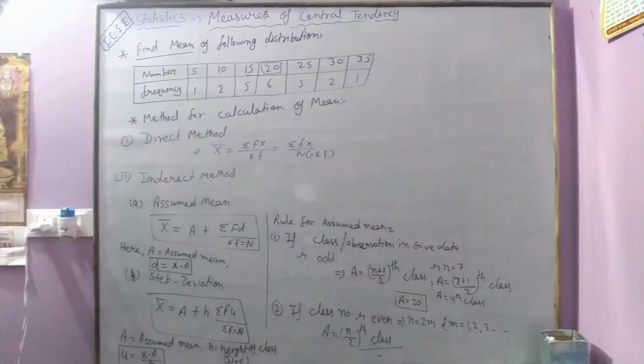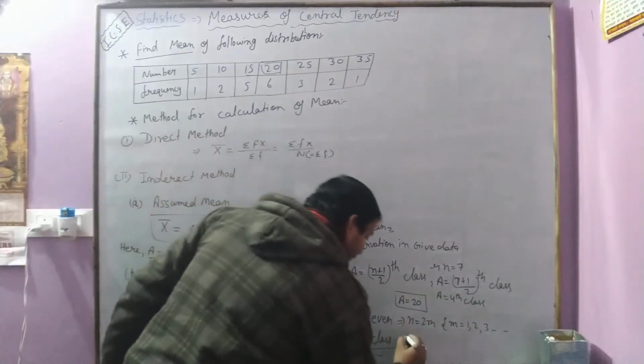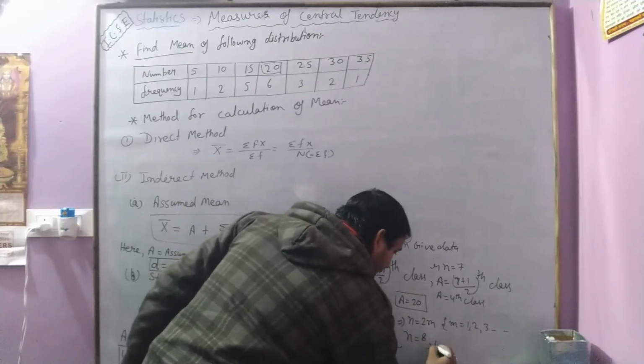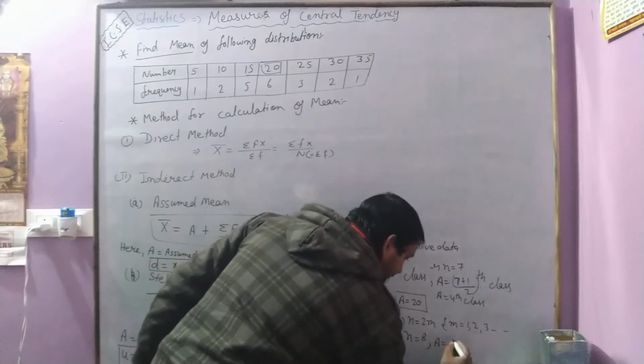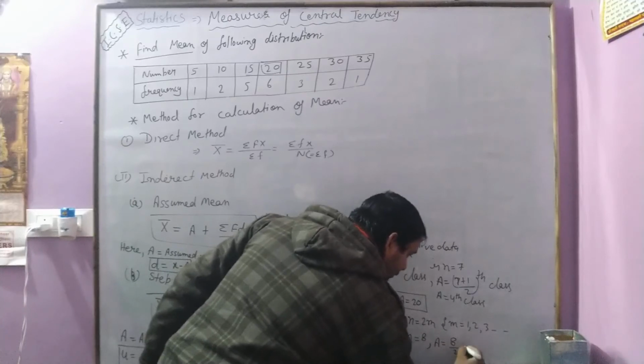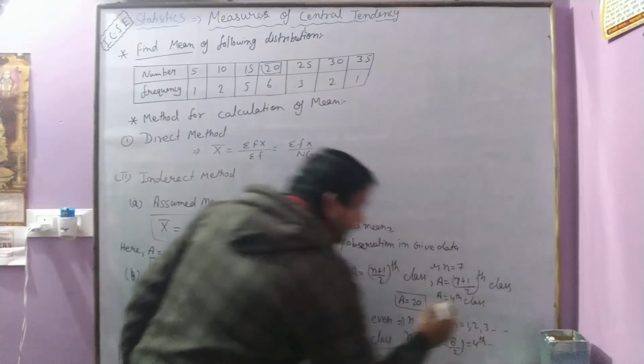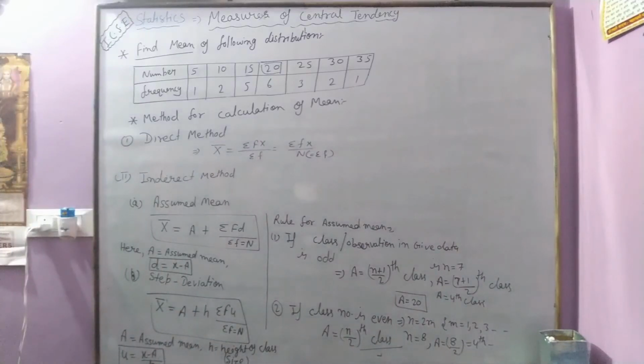Okay, that is if n is equal to 8, therefore assumed mean is 8 by 2, fourth class, and similarly. Okay, this is how we assume the mean.